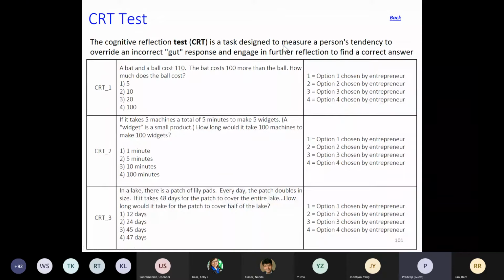They are not necessarily trivial questions. So here is one of them: a bat and a ball cost 110. The bat costs 100 more than the ball. How much does the ball cost? Okay, and so we all know what the answer is, but these are the kinds of questions that we had the entrepreneurs answer.